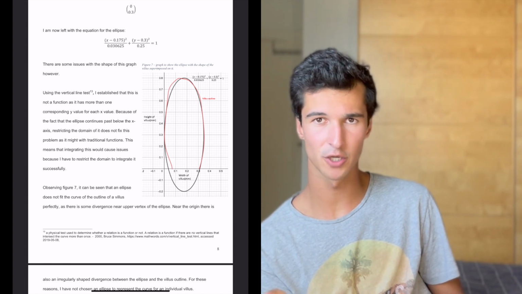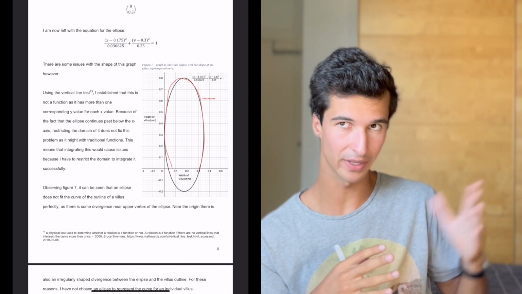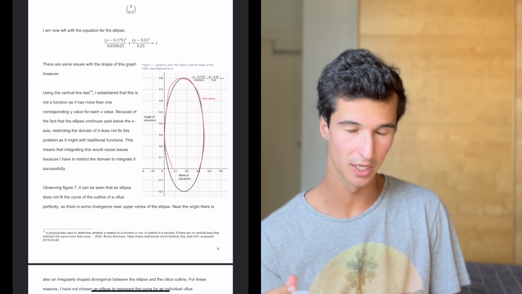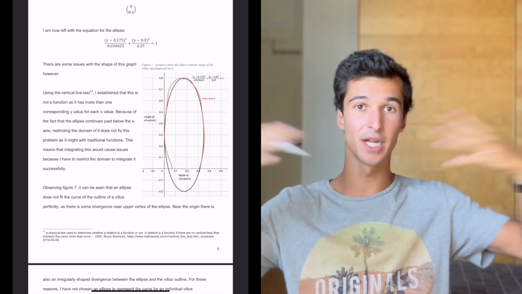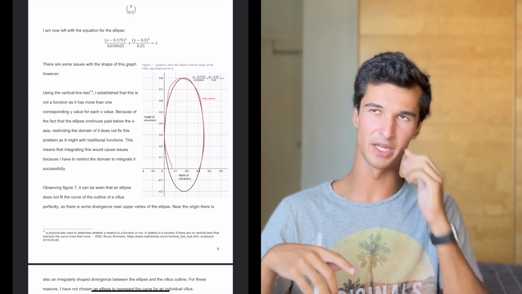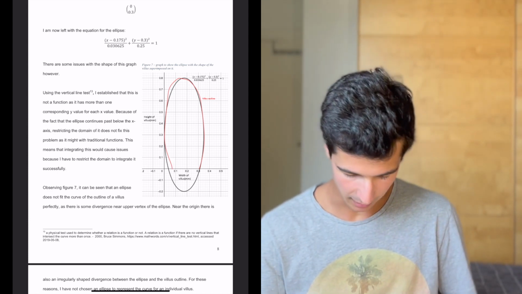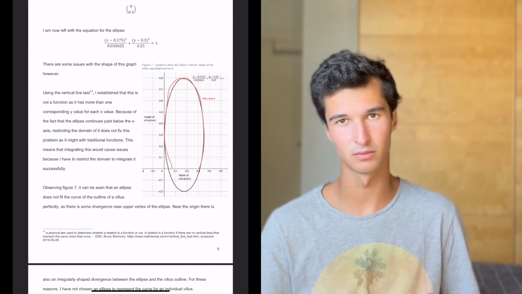A solution could be a fix to this method, or it could be going out and finding a totally different method. So that's what I did. I went out and thought, okay, this one doesn't work, let me figure out another method for modeling using a different equation of a line. I did think initially of a sine line, but I think a sine line would go like this, and that's just not good. It would not work.